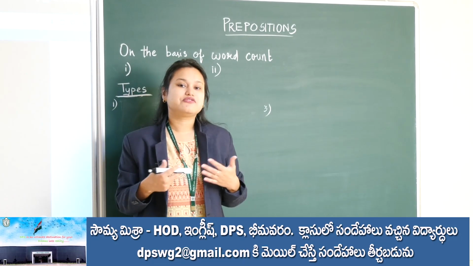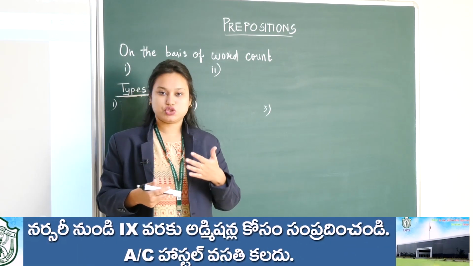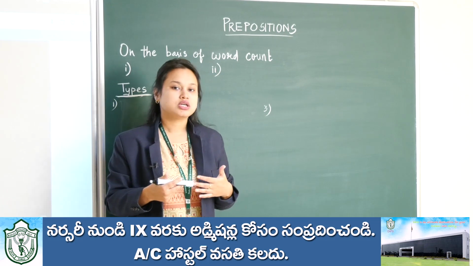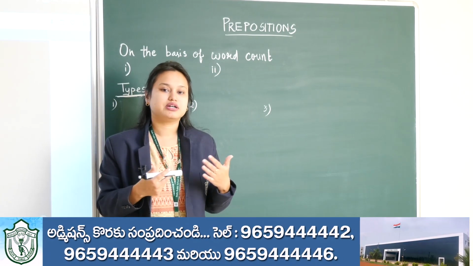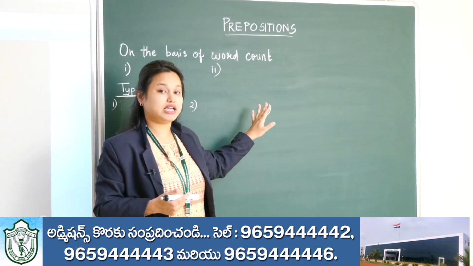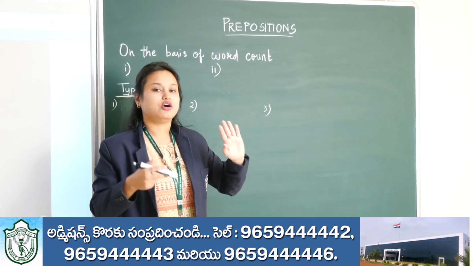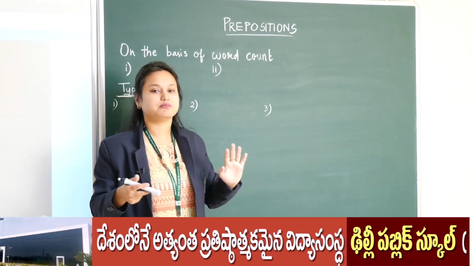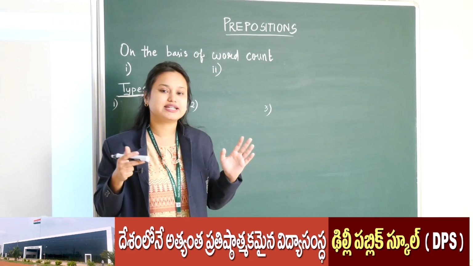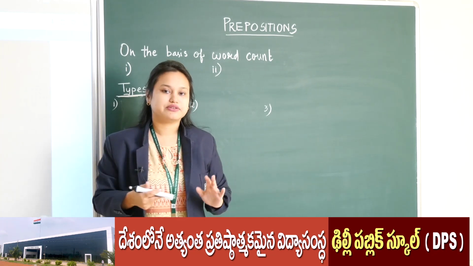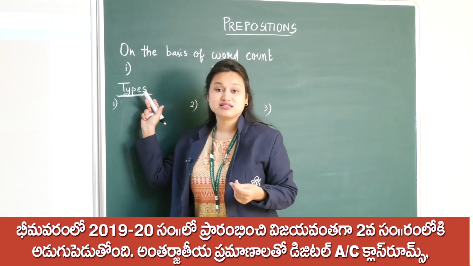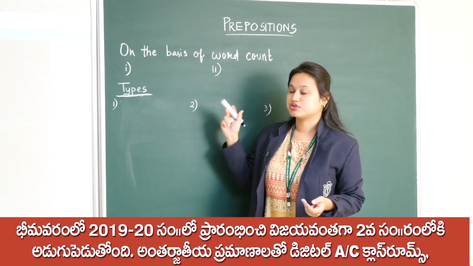All these are very common prepositions which we use every day, and we have been studying their usage since our early years. But today we will look at the types of prepositions. On the basis of count, and on some other basis, prepositions are divided differently. So first let us look at the basis of count.